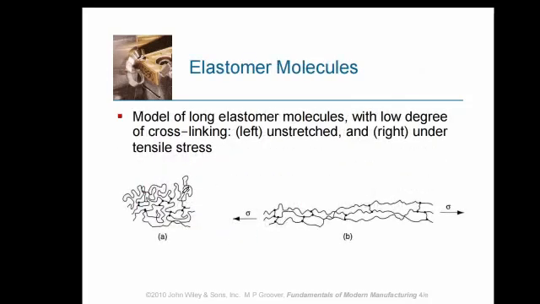You see these molecules have kinks or loops. They are shaped in kinks and loops. And this enables the molecule to be stretched as shown in diagram B. You can stretch and they can still go back.